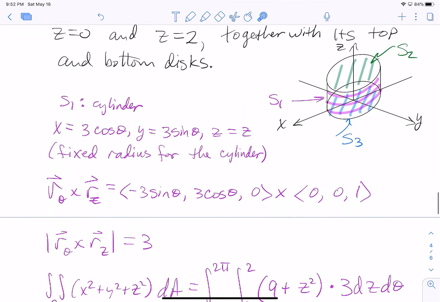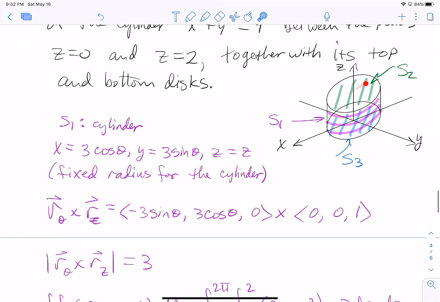Now let's turn our attention to S2, the top disk. Now folks, there's a difference between this top disk, which has an interior, and the cylinder, which didn't. The cylinder had a fixed radius of 3. We used 3 cosine theta for x and 3 sine theta for y. When we think about a disk, we think back to previous sections where the projection D is a circle in the xy plane with its interior.